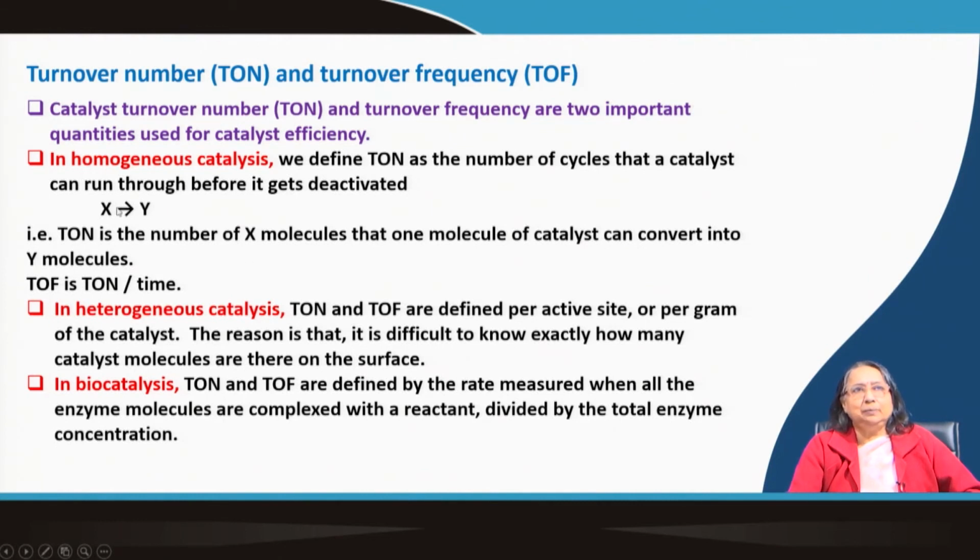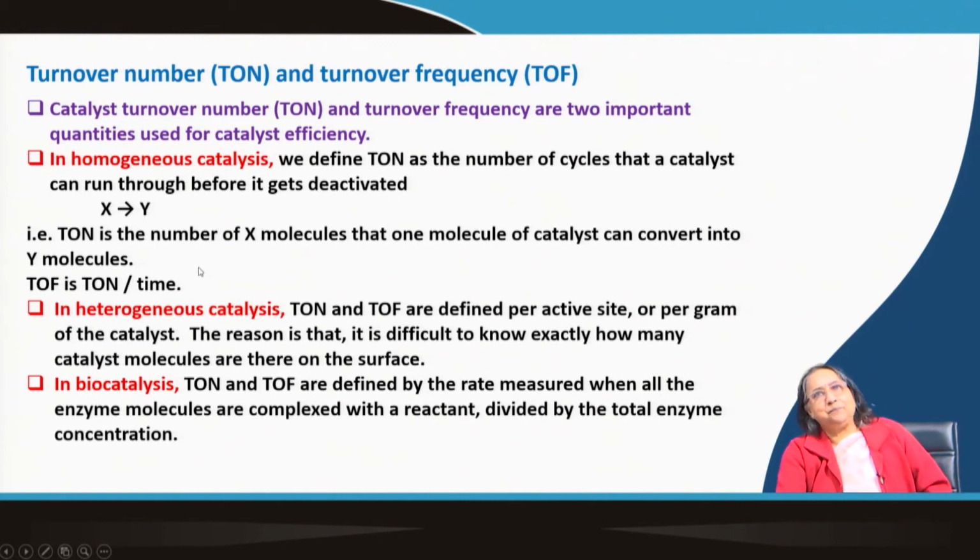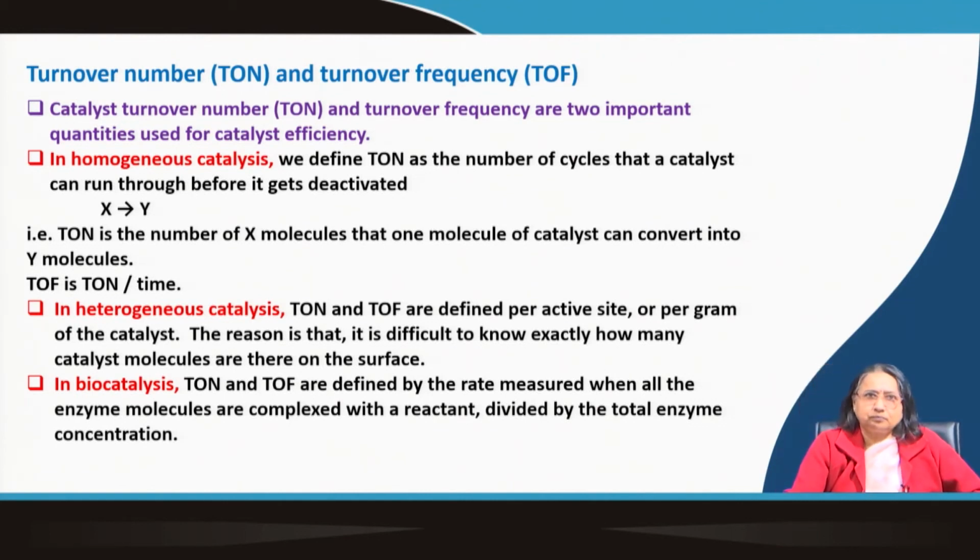Say, for example, X is going to Y. So, how many X molecules are converted to Y molecules by one molecule of catalyst? That is the definition for a homogeneous catalyst, and TOF is nothing but TON by time. It is similar, but the time factor is coming in TOF.